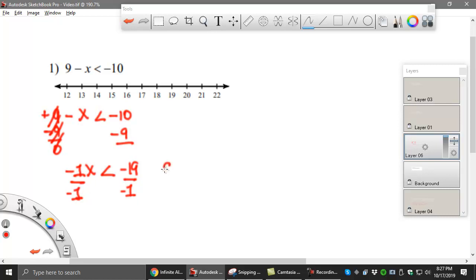What happens is there is a sign change on both sides. You see that -x becomes a positive x, and that -19 becomes a positive 19. And because it causes a sign change, you have to change the sign of the inequality too. So that less than becomes greater than.